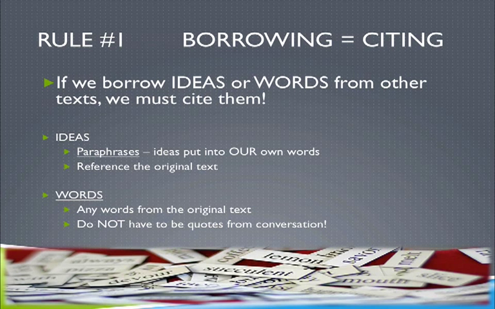We're borrowing the idea. We must give credit to where that original idea came from. Additionally, if we borrow direct words from any sort of source or text, we must give credit for those direct words also. We probably did not write the eloquent wording of Hemingway or Maya Angelou. And so if we're borrowing their words and putting them into our paper to help justify our point, we must cite those.